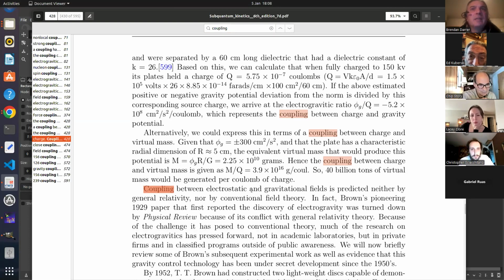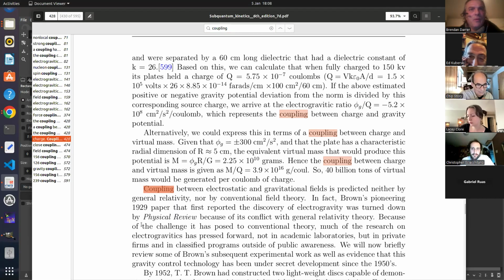Coupling between electrostatic and gravitational fields is predicted neither by general relativity nor by conventional field theory. In fact, Brown's pioneering 1929 paper that first reported the discovery of electrogravity was turned down by Physical Review because of its conflict with general relativity theory.